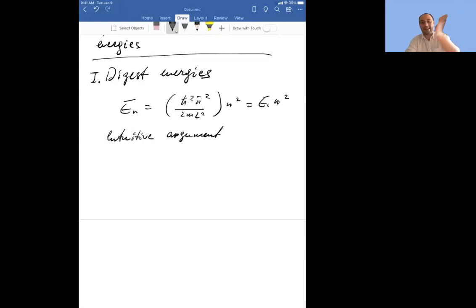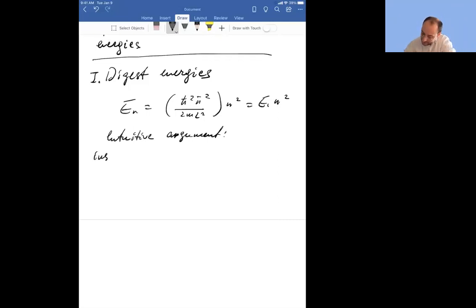Notice that inside the box, the particle is free. The particle is not totally free. It cannot move with a constant velocity from x equals minus infinity to x equals plus infinity. It's confined. But at least inside the box, the particle is free. And we've already seen that a free particle has a certain relationship between energy and momentum.